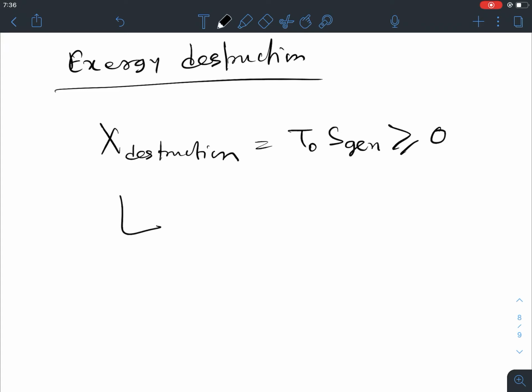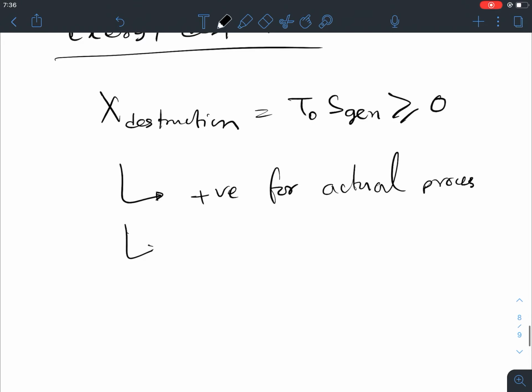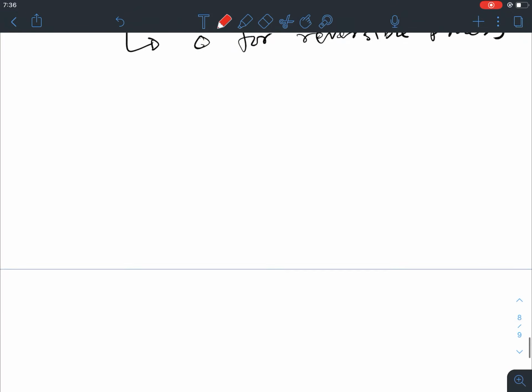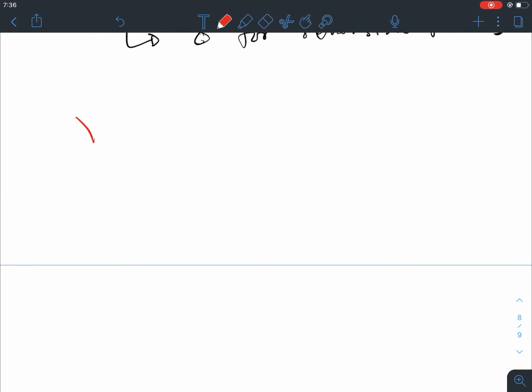That means exergy destroyed is a positive quantity for an actual process, and 0 for a reversible process, right? So that's the exergy destruction.